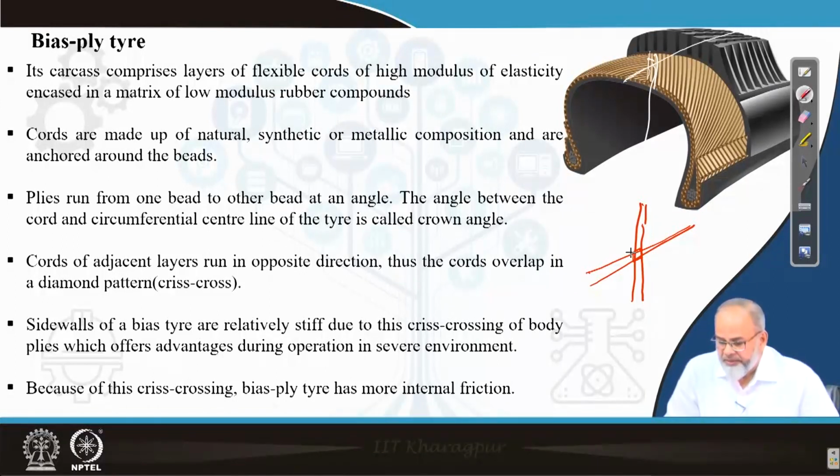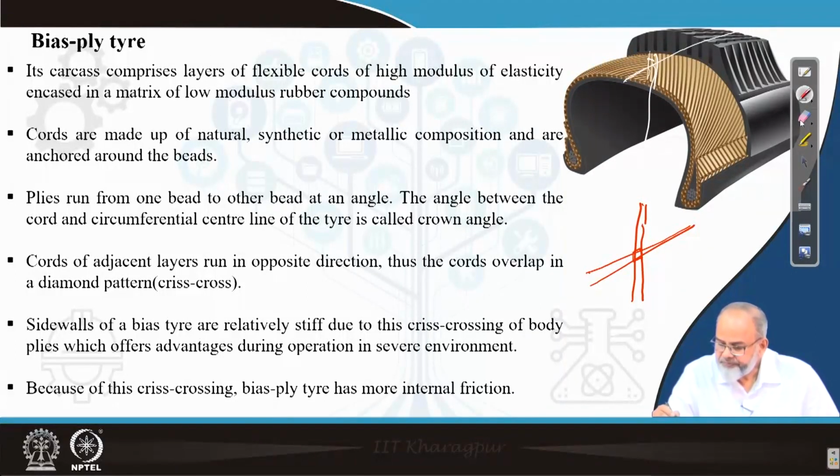So the beads, carcass, and tread, and at the side of the carcass and bead there will be a sidewall. These are the constructional features of a bias ply tire.